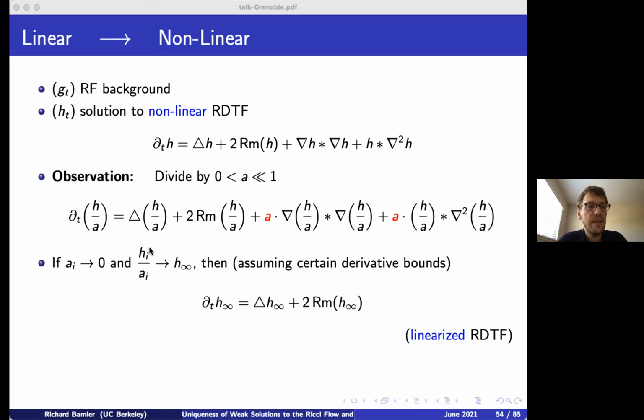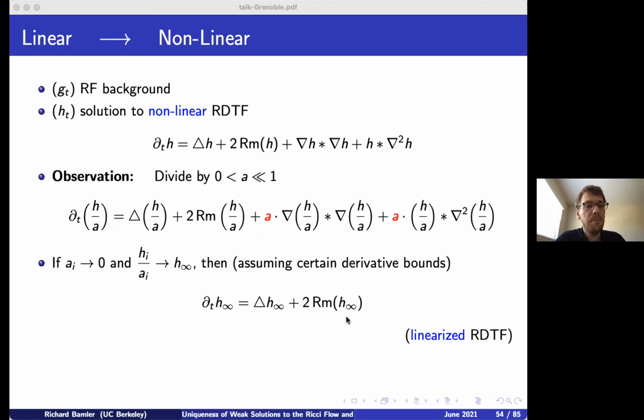And now the observation is that maybe, if for some reason we're allowed to take a_i going to 0, and we look at a sequence of solutions to nonlinear Ricci-DeTurck flow such that h_i divided by a_i converges to some h infinity, then, assuming we have good enough derivative bounds, which we should have in a parabolic setting, this equation passes to the limit, and these quadratic terms go away, and we end up with a linearized Ricci-DeTurck flow.